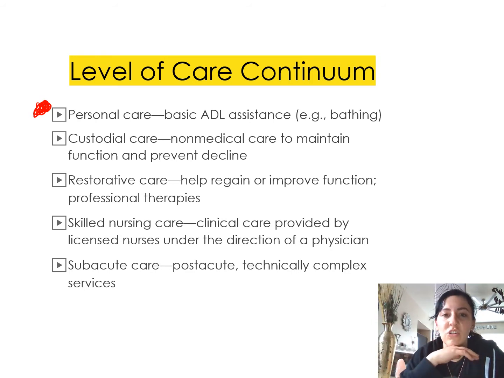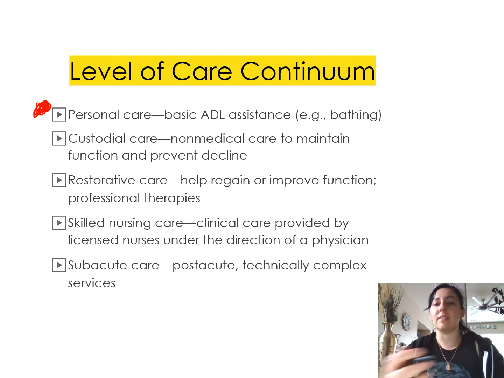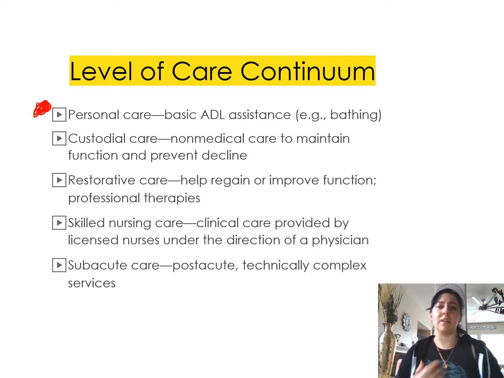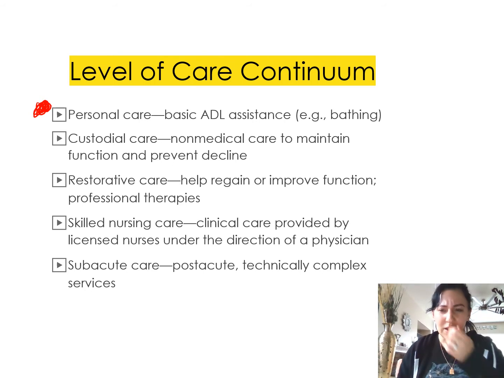A caregiver will come over for however long and just help you bathe and things like that, right? Maybe make you a hot meal and help you with counting money or any kind of chores that you have to do around the house. This is your basic care.